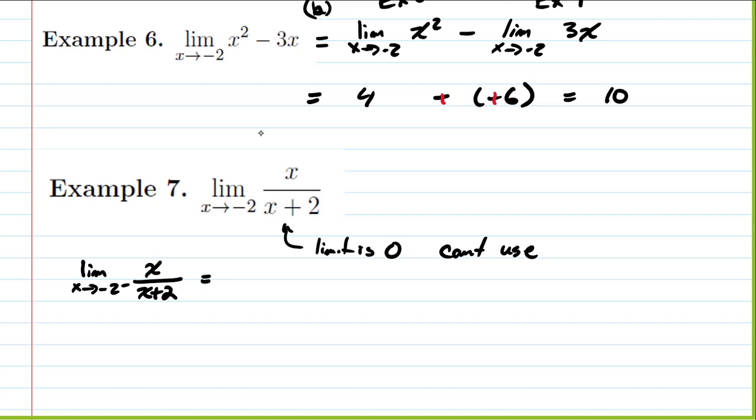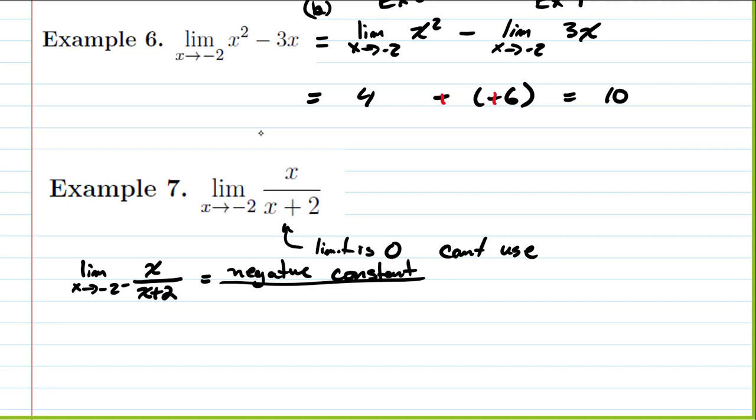So we have our limit as x approaches negative 2 from the left of this. So our limit in the numerator as x goes to negative 2 from the left is going to be a negative constant, divided by, in the denominator, we're going to get 0.